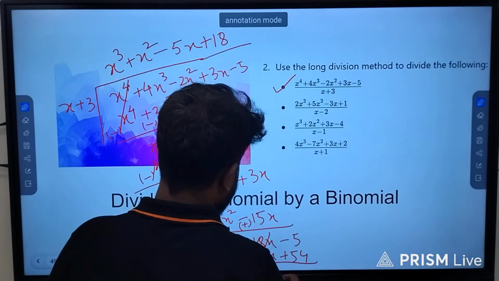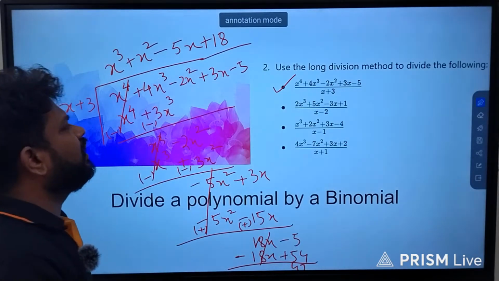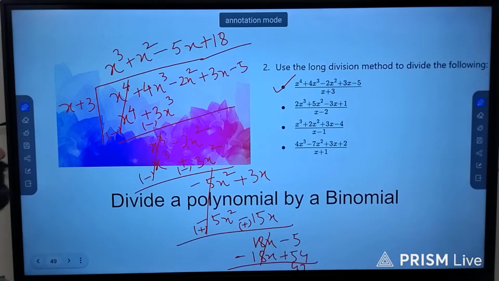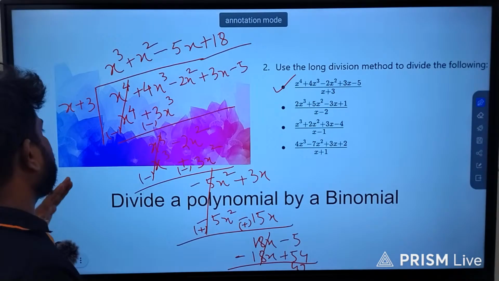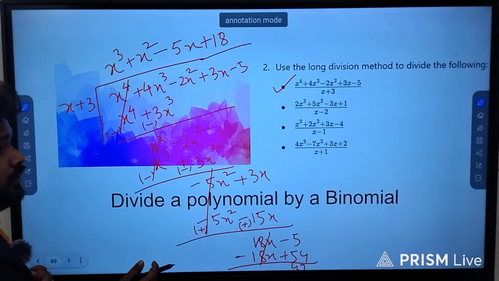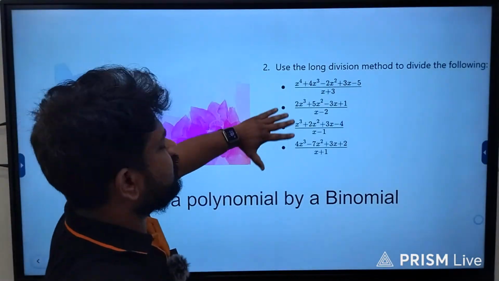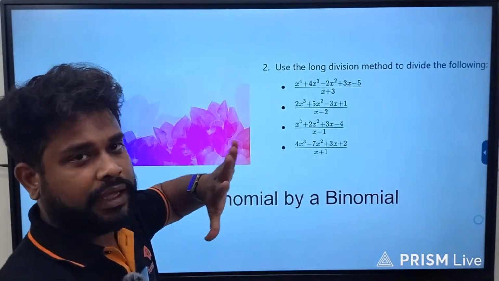These two will get eliminated, and here we will be getting 49. So 49 will be the remainder. The quotient is x cube minus 2x square and so on. Done. The rest of them you can do at home.